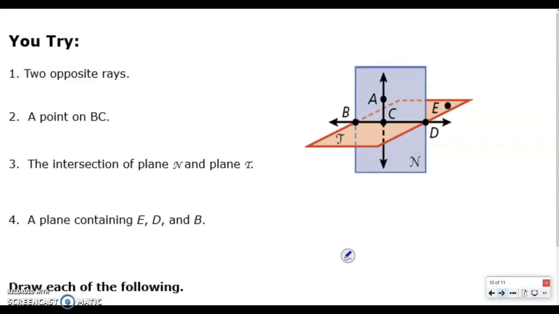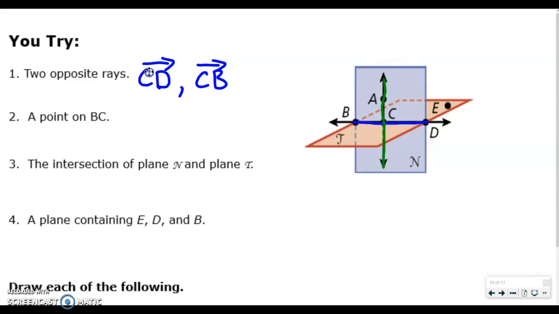So it could be ray CD and ray CB. That would be here and here. We had to use those because our vertical line, we don't know a point on the other ray.